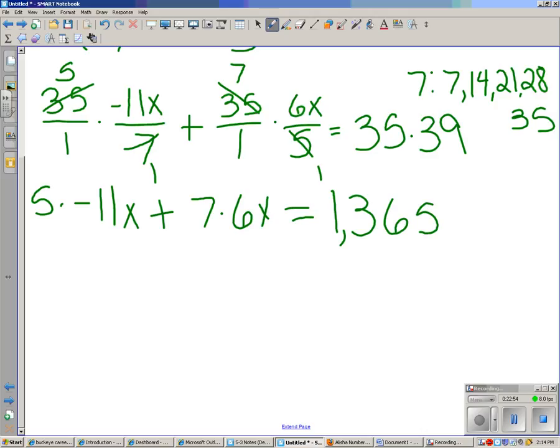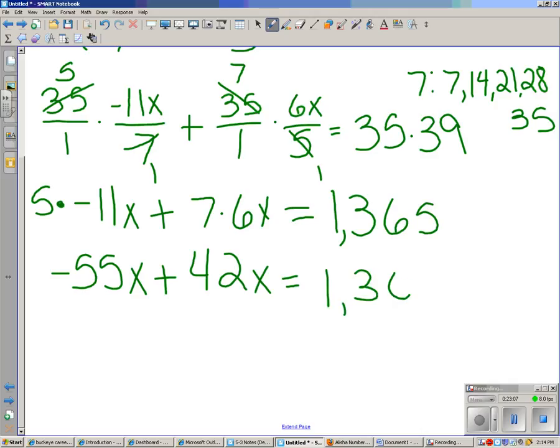Now add, I'm going to do what? Multiply them. So I have negative 55x plus 42x equals 1,365. Now what? Combine like terms. What do you get when you take negative 55 and positive 42?